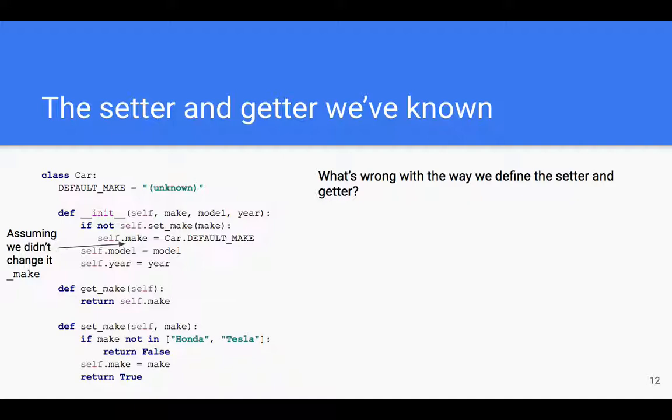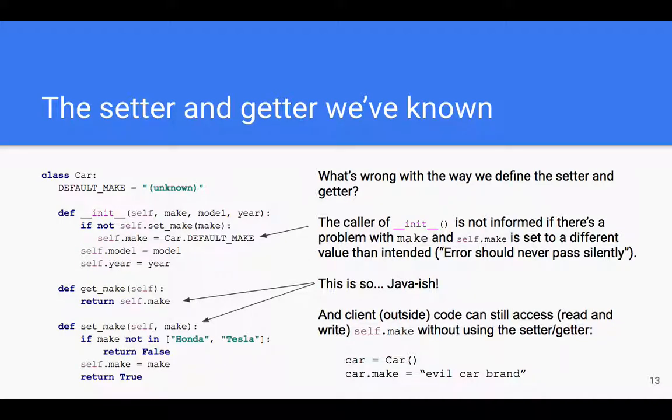Now, this has been the way that we've been writing getters and setters. Get make, set make, and use those wherever we need them. So, what's wrong with the way that we've been writing setters and getters? Well, for one thing, in the initializer, for example, if the value for make is invalid, we did not inform the caller that instantiated an instance of car.